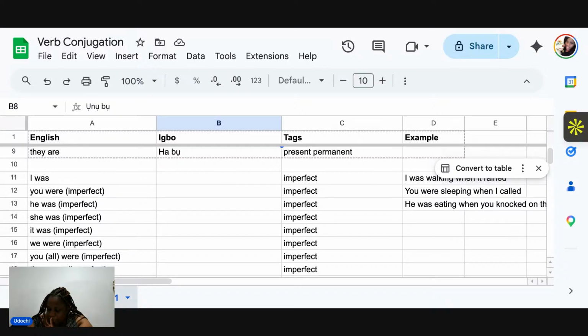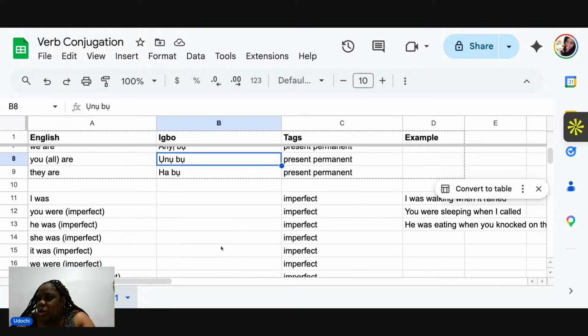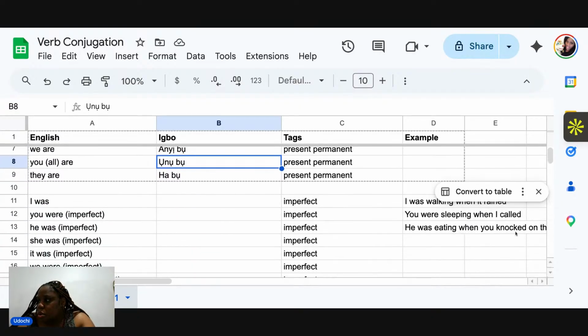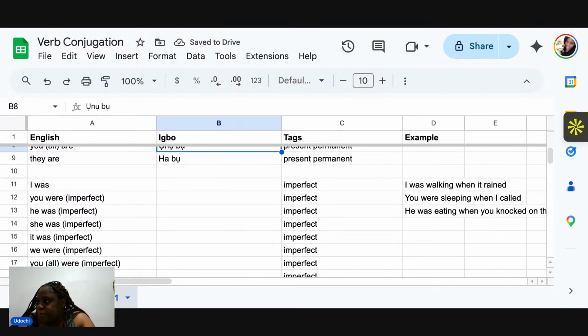Obi has eaten food, and Obi ate food. So these are different tenses, but I'm trying to figure out how to say I was. Igbo is very contextual, so what we're trying to say is you were sleeping when I called.